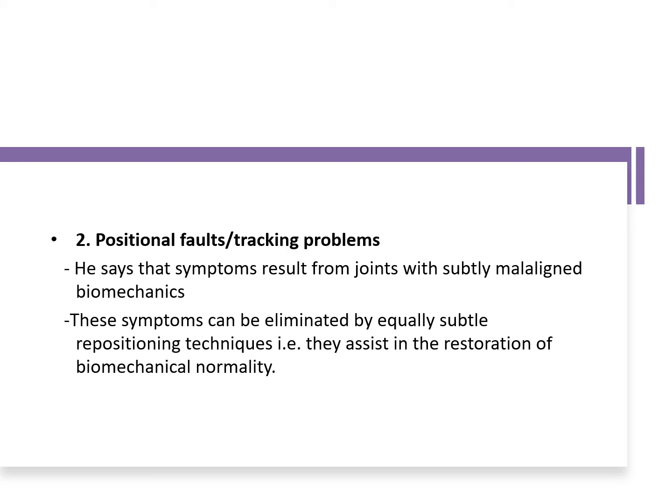Which means that while giving a particular correct glide, you can retrack the issues, you can correct the malalignment or these positional faults, thereby correcting the biomechanical faults and thereby reducing the pain and increasing the range of motion. So this is also a very unique concept about Mulligan's. This concept is not followed in Maitland's.